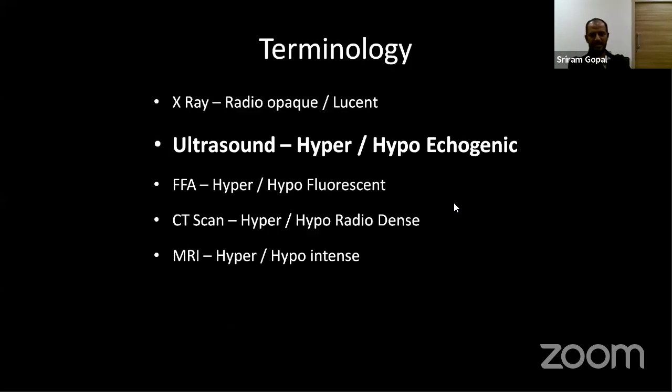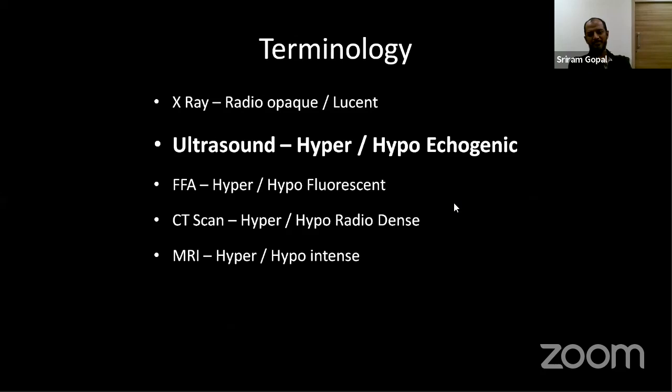So this slide actually talks more about ultrasound, but this is something I wanted to share with everybody. This has helped me interpret imaging much better. Every imaging has its own keyword. For example, in an X-ray, it's always radio. Any lesion on an X-ray is either radio-opaque or radiolucent. Anything in an ultrasound is either hyper or hypoechogenic.